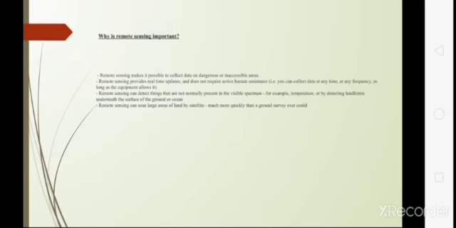Remote sensing can detect things that are not normally present in the visible spectrum, for example temperature, or by detecting landforms underneath the surface of the ground or ocean. Remote sensing can scan large areas of land by satellite much more quickly than a ground survey ever could.